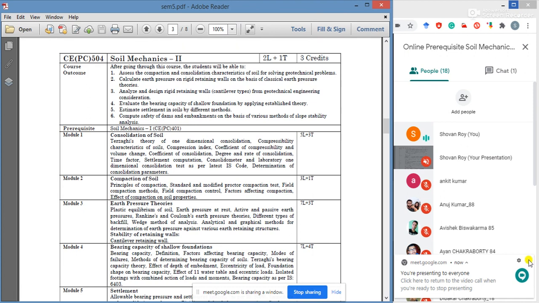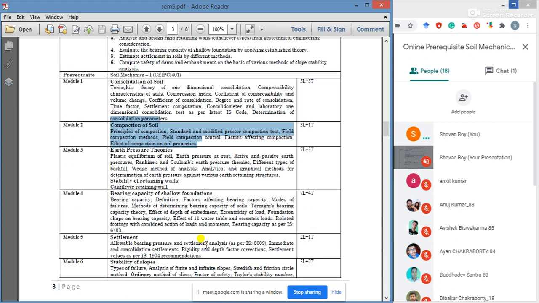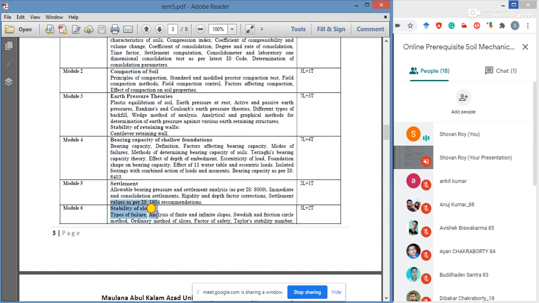In soil mechanics 2 we have already completed the consolidation of soil and compaction of soil, these two chapters. Amit sir has started the bearing capacity of shallow foundation, and after that I will go to the stability of slopes chapter.